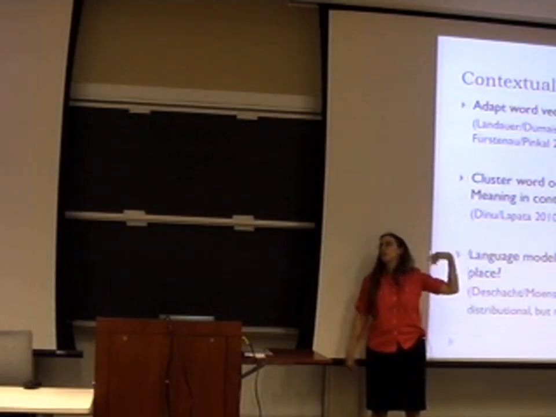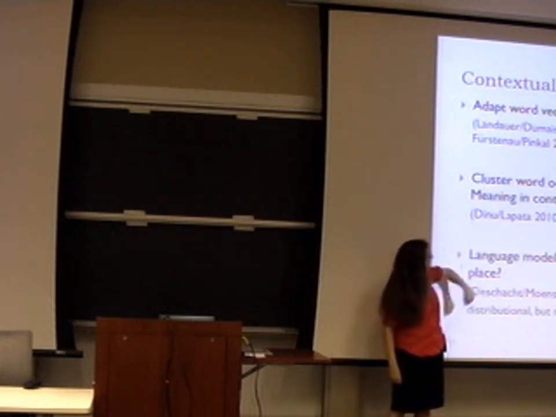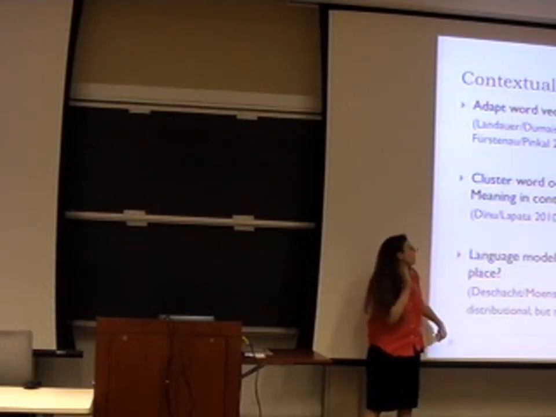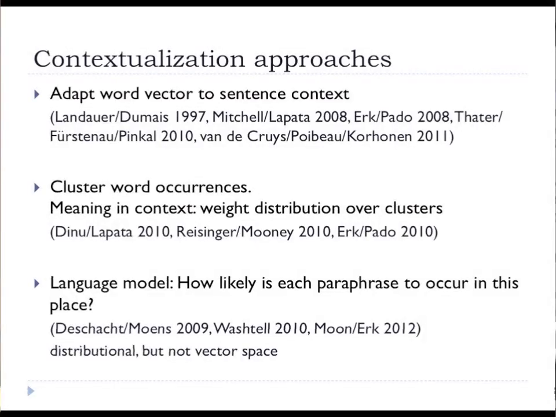And then when you have your occurrence, you choose among the clusters, or you compute a weight distribution of the clusters. A third group of approaches is to use a language model, basically. How likely is each paraphrase to occur in this place? I'm not going to say a lot about this group of approaches because they are not vector space based.